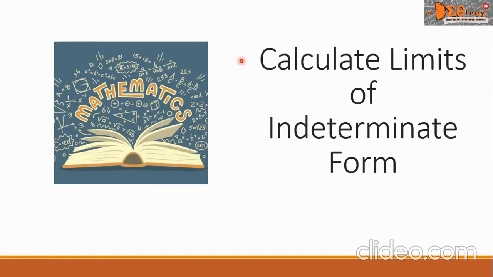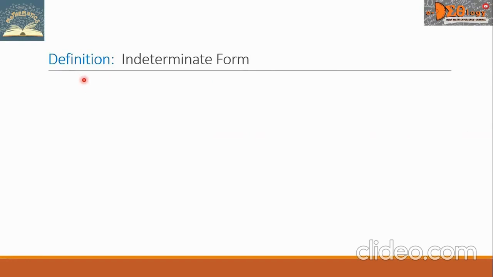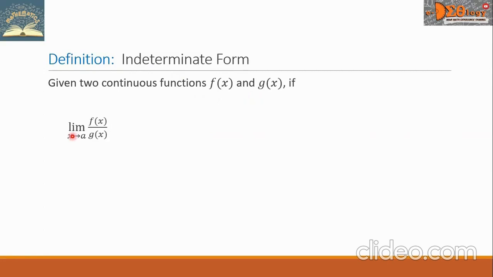Today, we're going to study how to calculate limits of indeterminate form. Let us define indeterminate form. Given two continuous functions f of x and g of x, if the limit of f of x over g of x as x approaches a, we evaluate the limit as f of a over g of a.